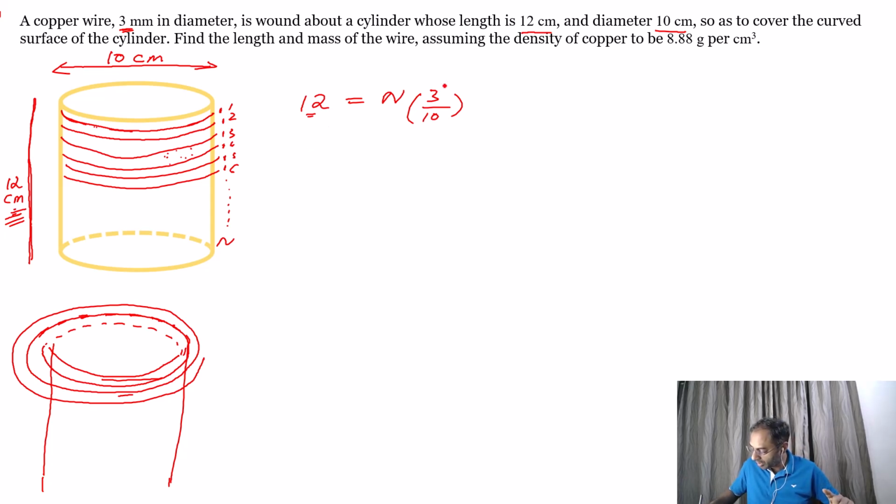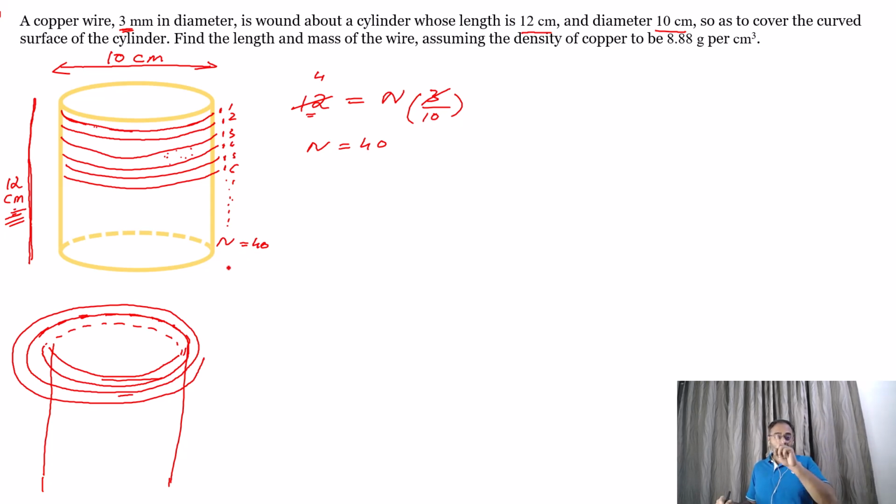If I cross multiply, 3 fours are 12, so n equals 40. So we'll have 40 rotations of the wire to ensure that the wire completely surrounds the cylinder from all sides. The number of rotations of that wire is going to be 40.